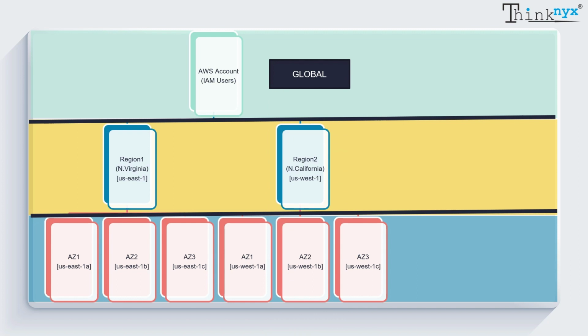Let us understand some examples of global services with the help of use cases. Suppose we want to restrict access on who can start or terminate the server, then we can do so by using IAM. IAM stands for Identity and Access Management.